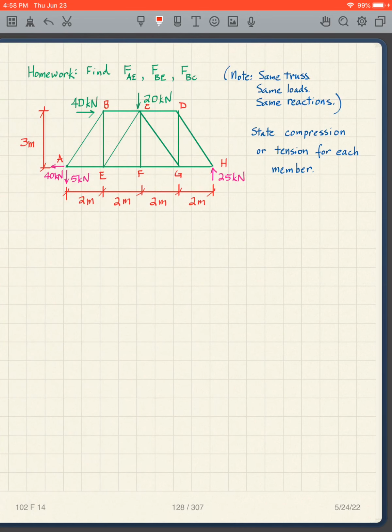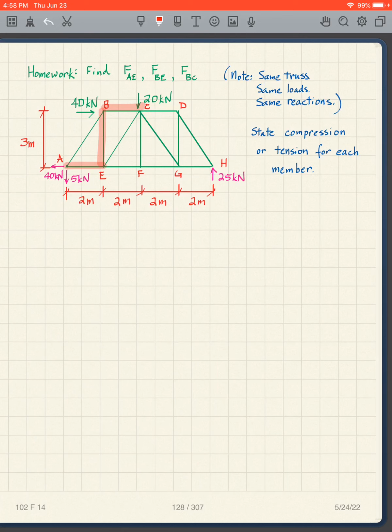Okay, so this is a problem for you using these same principles for this same truss. I want some different ones. I want FAE, FBE, FBC. Where are they located? AE, BE, and BC.